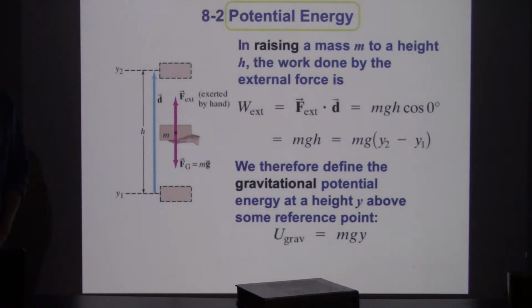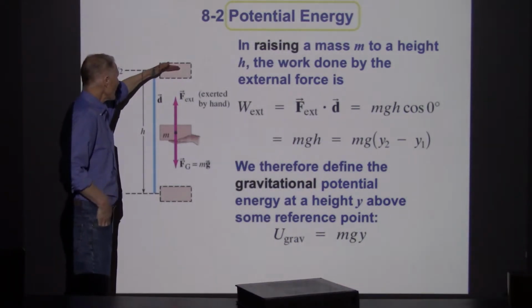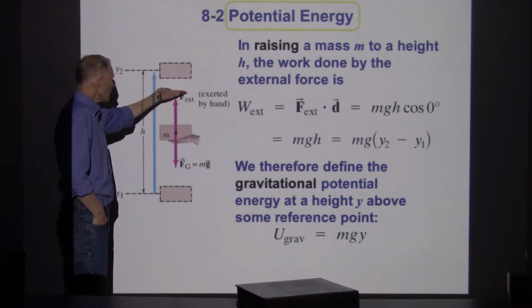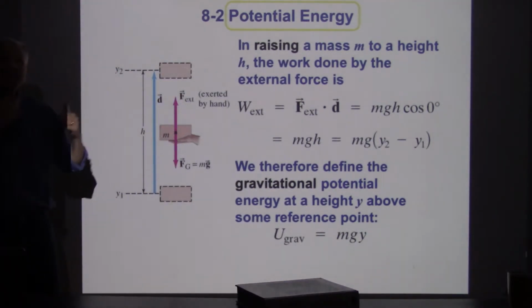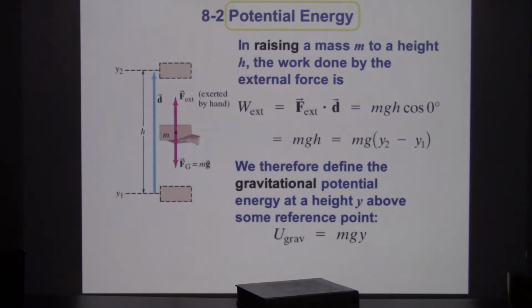So that's going to get stored as gravitational potential energy. And then when it's at the higher elevation, I could lower it back down. Now if I lower it back down, then I'm taking out the energy as it goes back down. Or another possibility is we could just drop it.